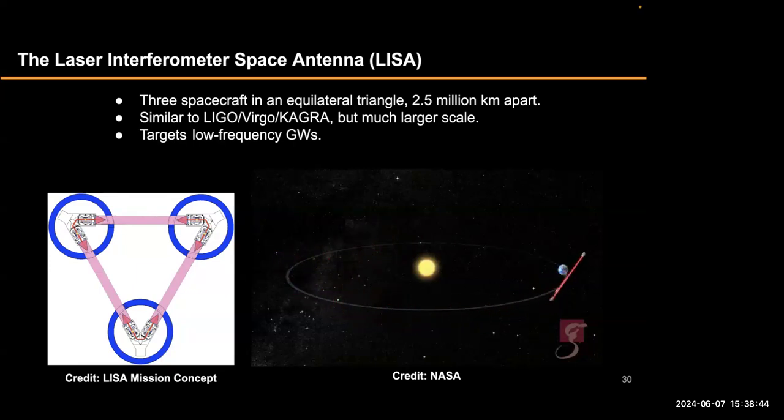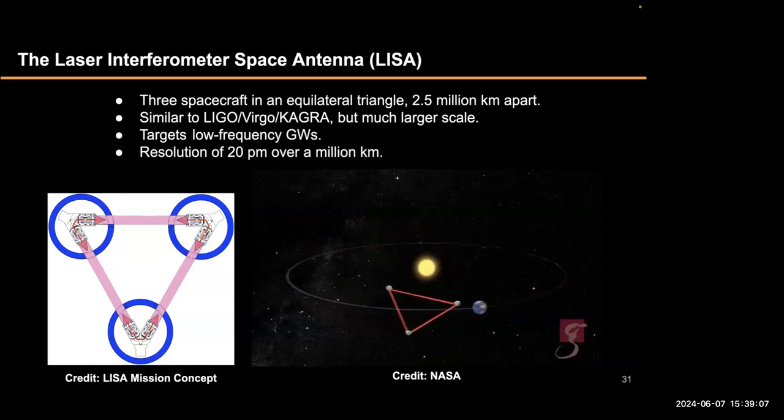Because the arms are so much further apart, they're going to be sensitive to waves of much larger wavelengths, and that means much lower frequency. So with this type of observatory, we can target much lower frequencies, while the ground-based ones typically are higher, like in the previous figure. But not only that, the resolution is going to be pretty remarkable.